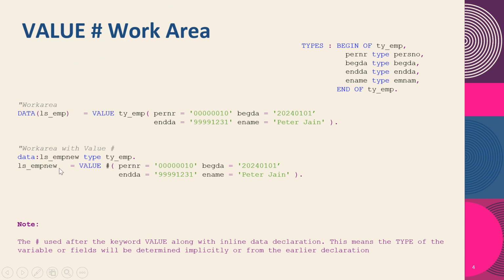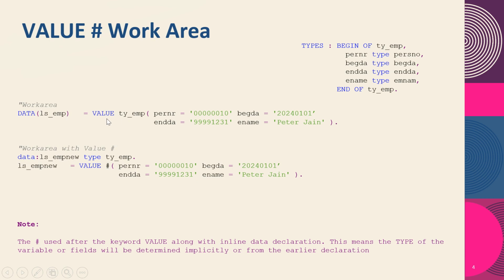Because the LSEMP type is already known, this implicit works well. But in this case, the type was not known, because I used inline declaration. Here the type was known. So when the type is already known, you can use the hash symbol.